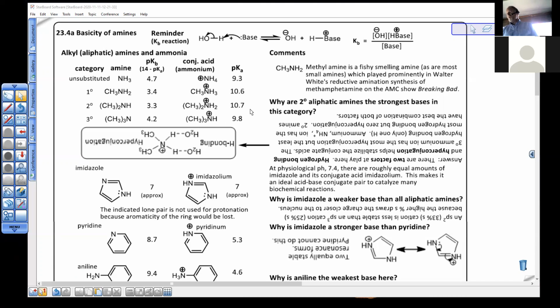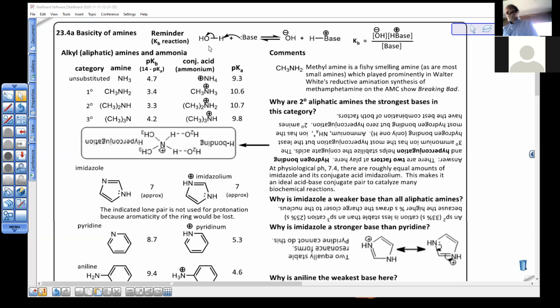Of these 4, the corresponding strongest base would be that one. It has the lowest pKb. Where did these numbers come from? 14 minus 9.3 is 4.7. 14 minus 9.8 is 4.2, etc. The pKa of an acid plus the pKb of the conjugate base equals 14.